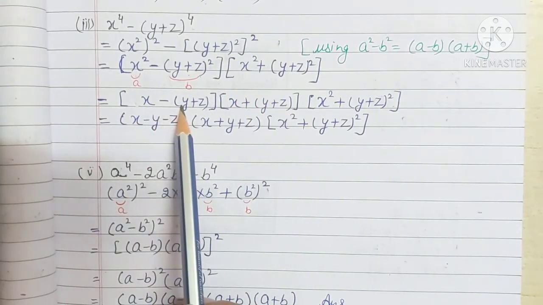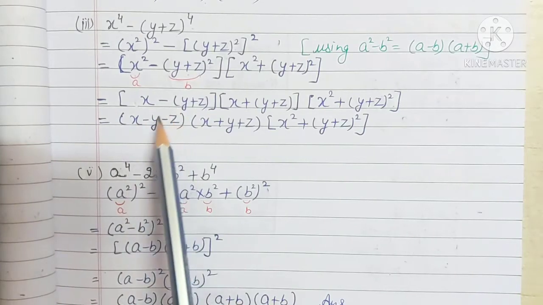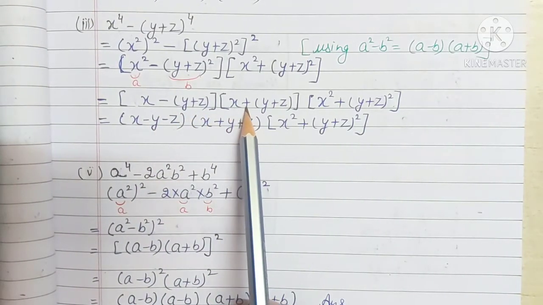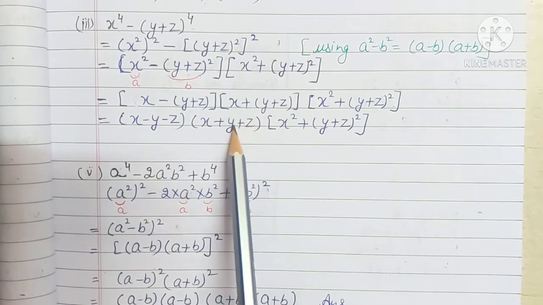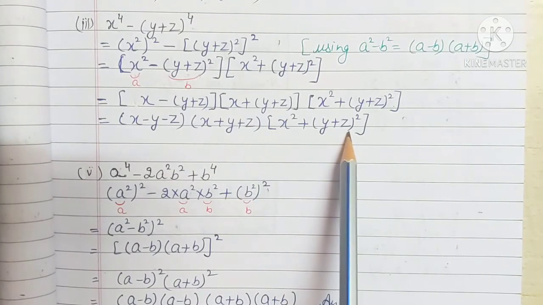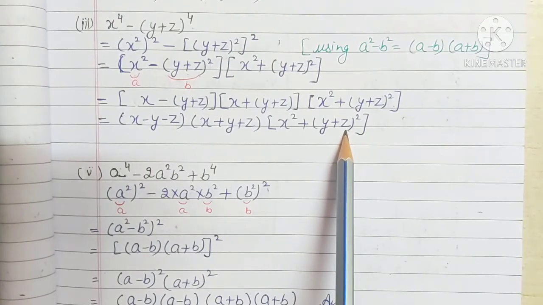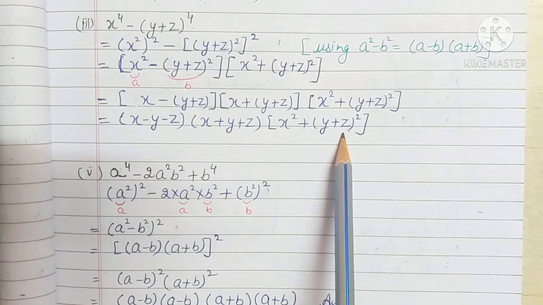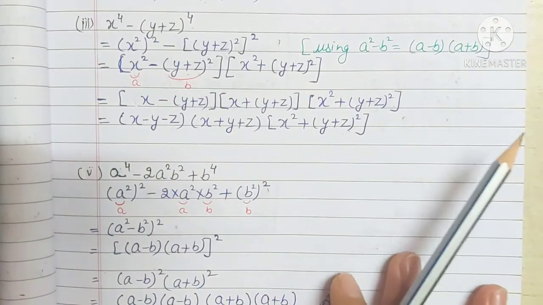Now I will open the bracket. It will be x minus y minus z. And here because the plus symbol was there, no change in sign, so it will be x plus y plus z. And here it is already in irreducible form as there is no identity for a square plus b square. So this is the irreducible form and required factorization.